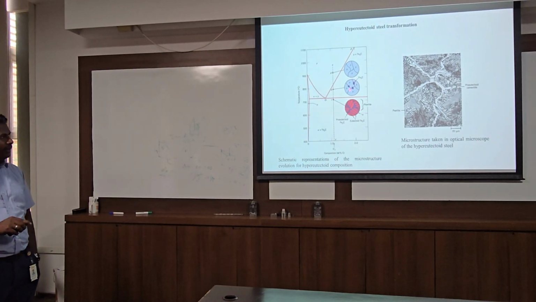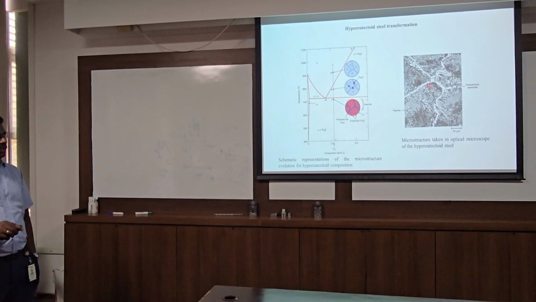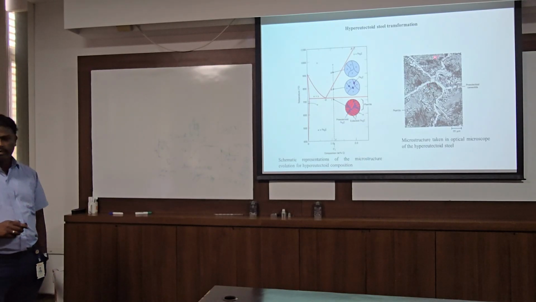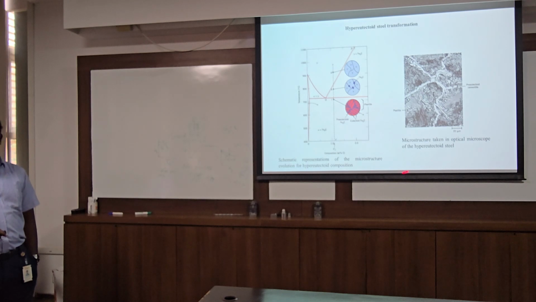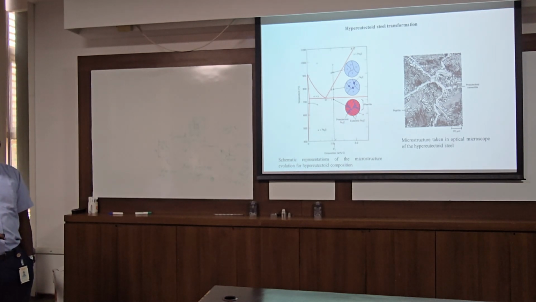But here in hypereutectoid, this is cementite, a very hard and brittle phase. When you have a higher percentage, generally its fracture toughness will reduce and the ductility will reduce, it will become higher strength and higher hardness.